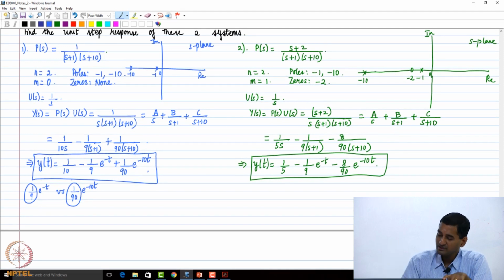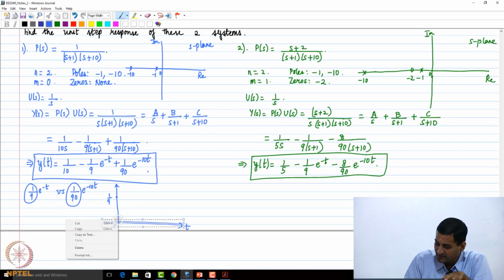Okay, so if I want to draw it pictorially, like if we want to draw these two factors, right? So at time t equals 0, anyway e power 0 is 1, right? So 1 by 9 e power minus t will start at 1 by 9. Let's say that's 1 by 9, right? 1 by 90 e power minus 10t is going to start at 1 by 90, right?